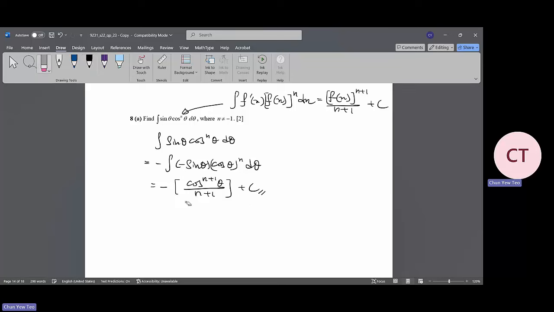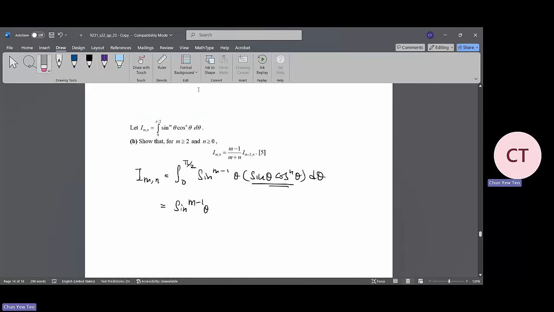We just apply this result directly and it will do. Then you will get this one as the negative cos n plus 1 theta over n plus 1, from 0 to pi over 2, minus the 0 to pi over 2.